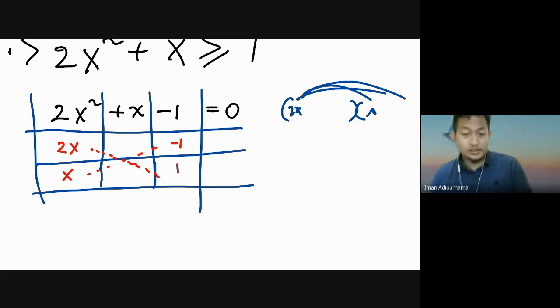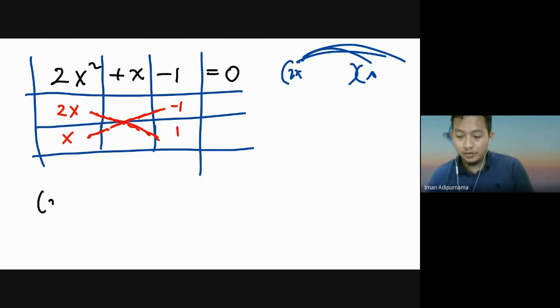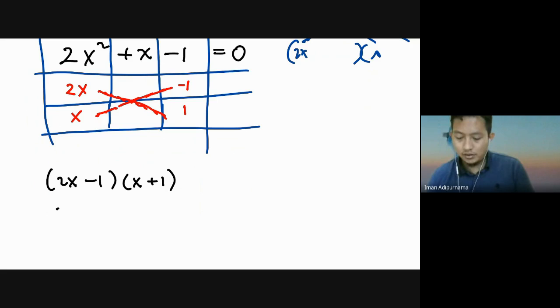So I think this is correct. Now, when we cross multiply, 2x minus x becomes plus x, so it works. So your solution will be this. You have 2x equals 1, so x equals half, and x equals negative 1.